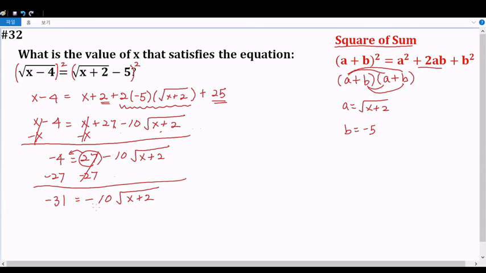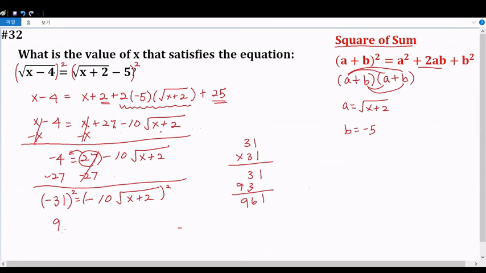Then we can divide by -10, or we can square both sides again to get rid of this square root. So negative 31 times negative 31 is 961.